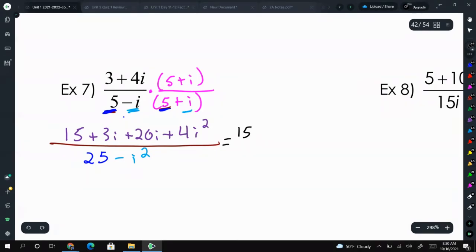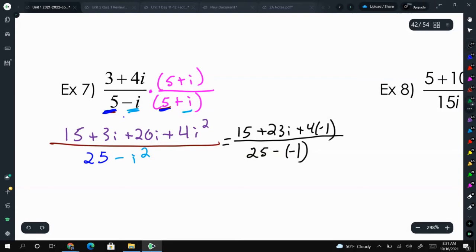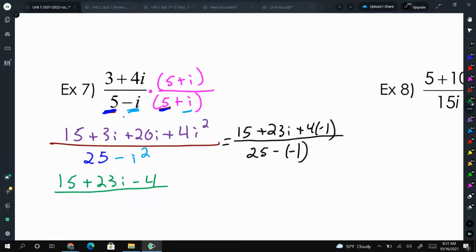So we get 15 plus 23i plus 4 times -1 over 25 minus -1. So we simplify that further. 15 plus 23i minus 4, because 4 times -1 is -4, over 25 minus -1 is 26.